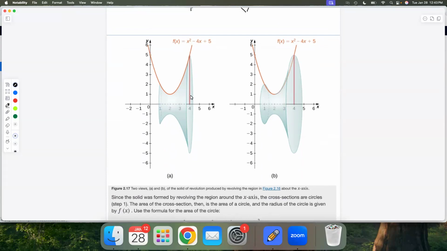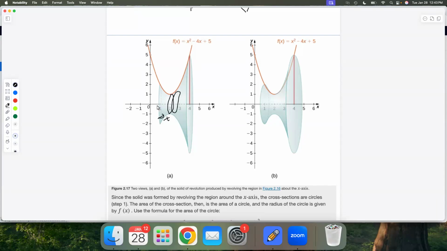And what we're doing in the background is a Riemann sum. We are breaking this up into a bunch of little cylinders of thickness delta x. Each one of those cylinders will have volume equal to the cross-sectional area times the thickness, which will be delta x.